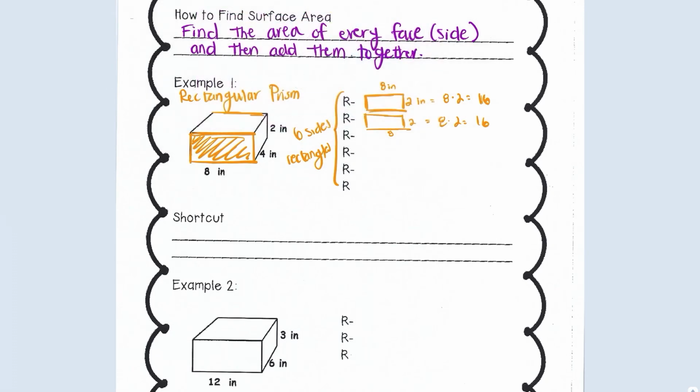Another rectangle that I see is this here in purple. You need to ask yourself, what are its dimensions? What is the base? What is the height? Along the bottom of that purple rectangle, I see a 4, and along the right side, I see 2. So this rectangle is a 4 by 2.